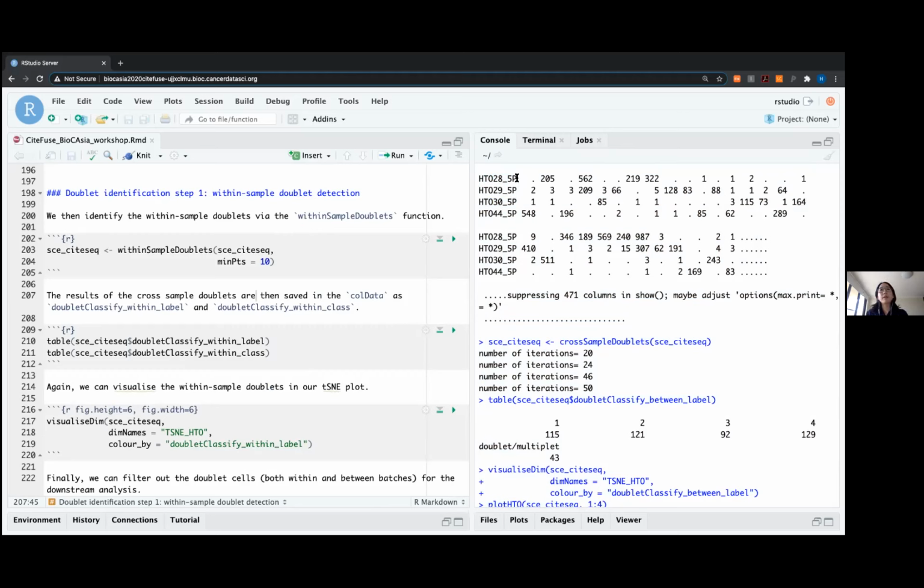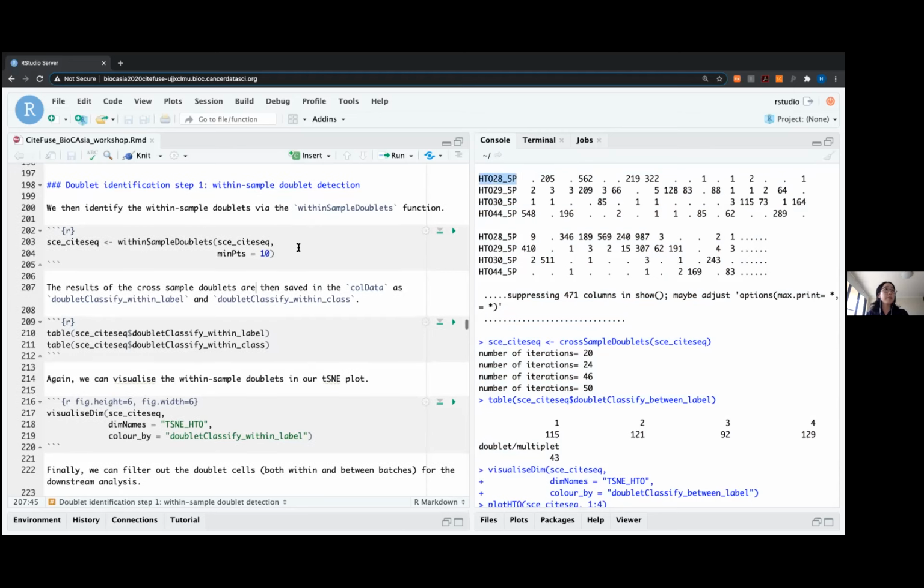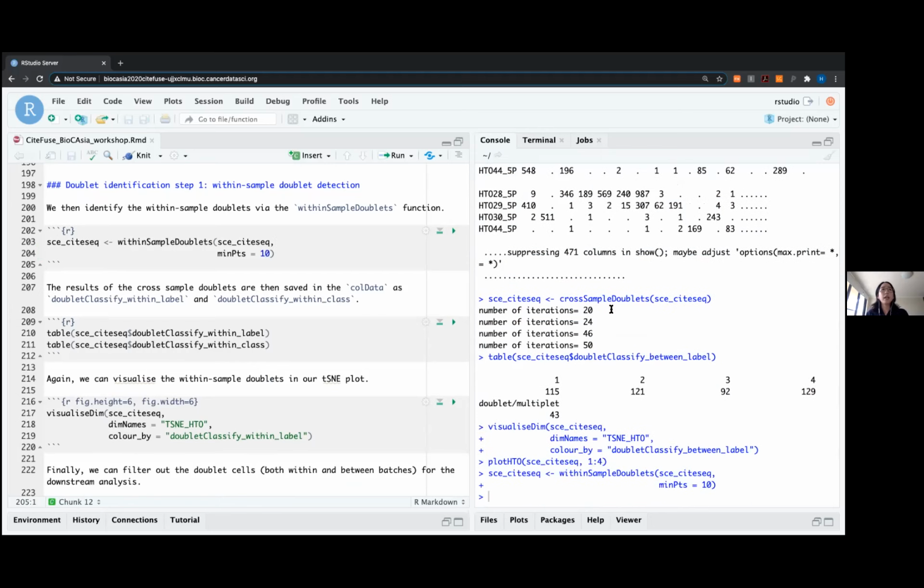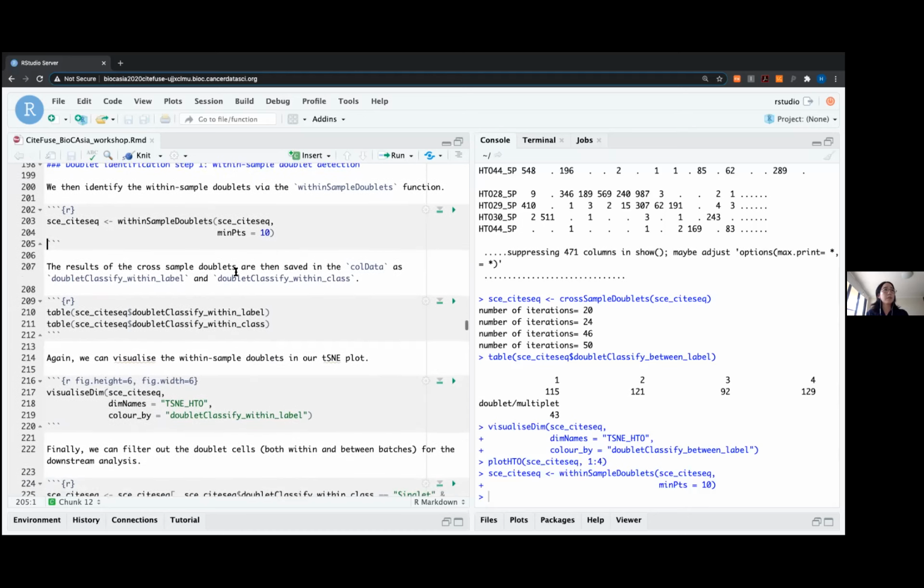But what would happen, with the same probabilities, we can find single cells that may be co-encapsulated within the same sample. So to detect these types of doublets, we use DBSCAN clustering based on HTO expression, on RNA expression, to find cells that express double the amount of RNA and also cell hashing counts.